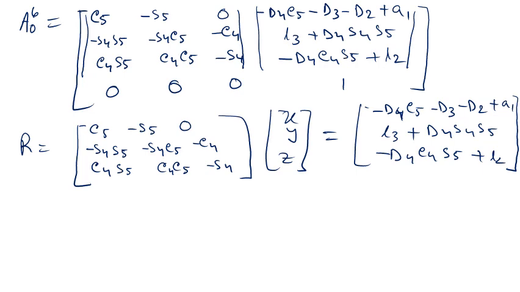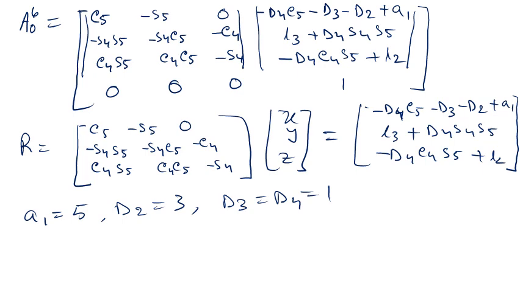Okay, so if you try to solve this, we put some numerical values for the constants. Let's say A1 equals 5, D2 equals 3, and D3 equals D4 equals 1. These are constants, as you know, from the robot structure. During the design, we have already fixed them, just to make the equation simpler.